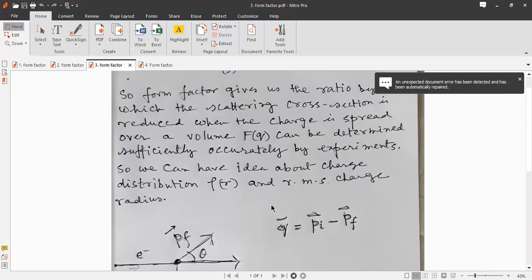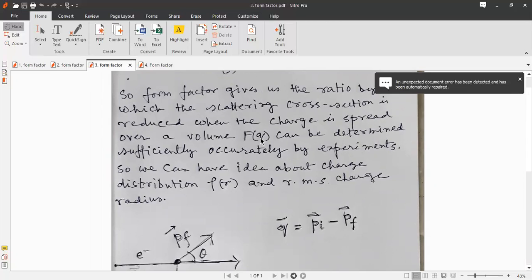The form factor is a very important concept in the context of microphysics we are talking about, because the particle size and the charge distribution, everything we have to find out indirectly from the experimental result.